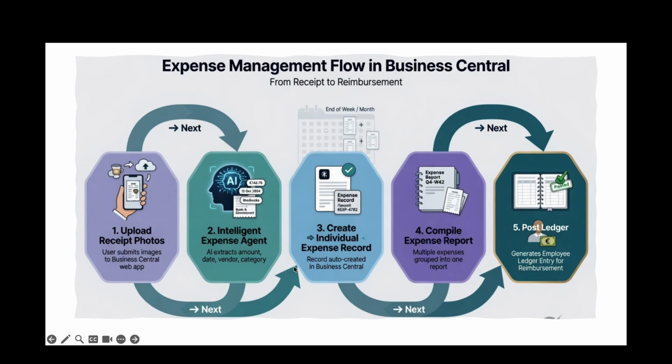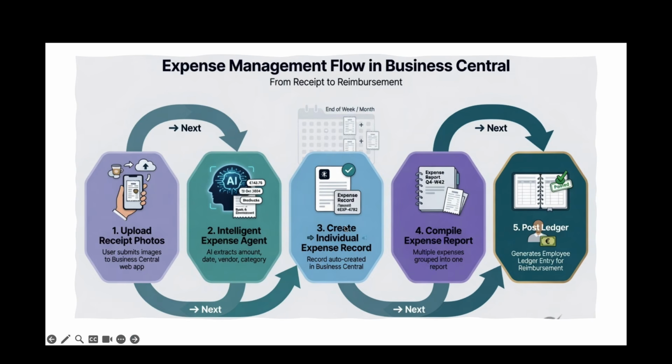There are a bunch of other steps involved in terms of extraction, where the user can review the bill that has been uploaded and extracted by AI, and then probably make changes to it, blah blah blah. But since we don't have the web app with us now, let's go with what we have currently.